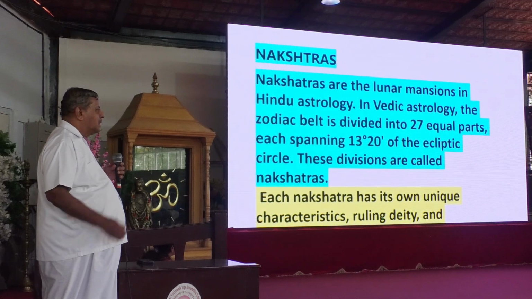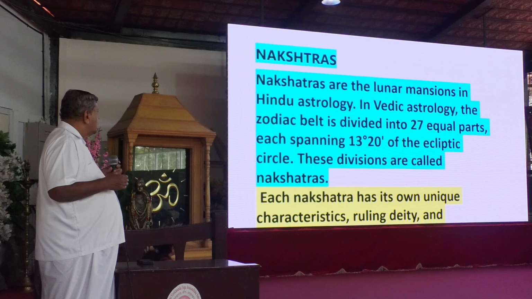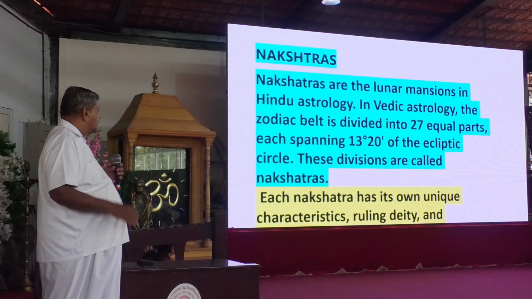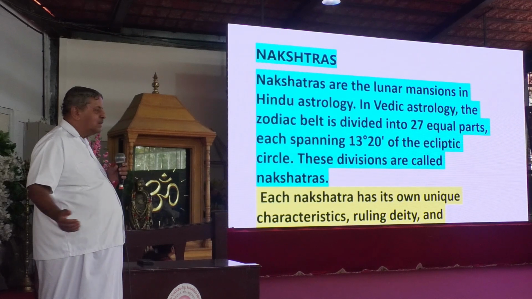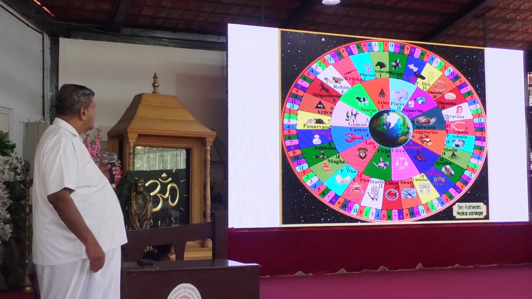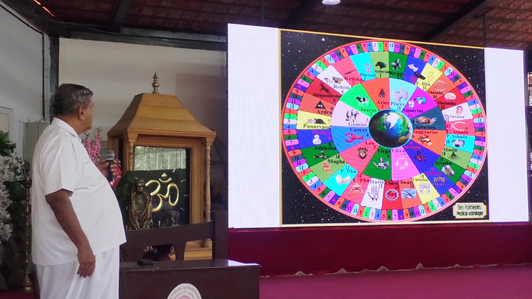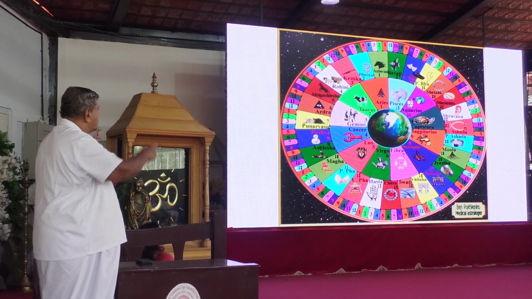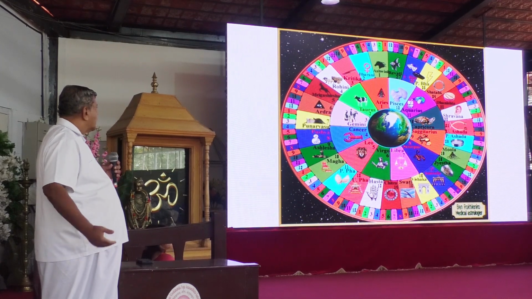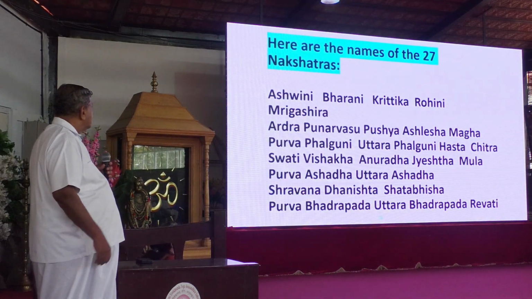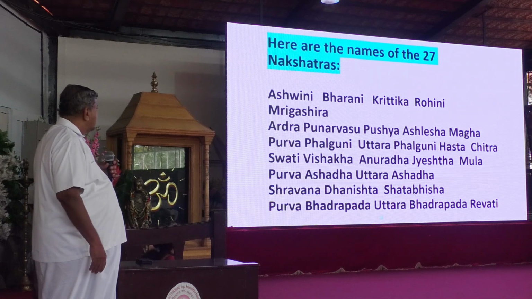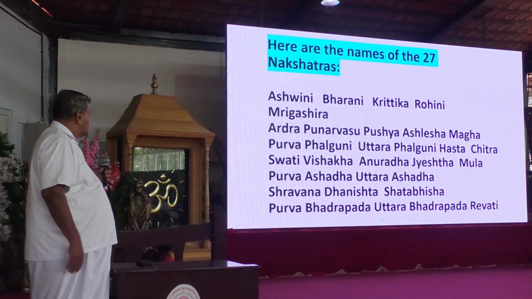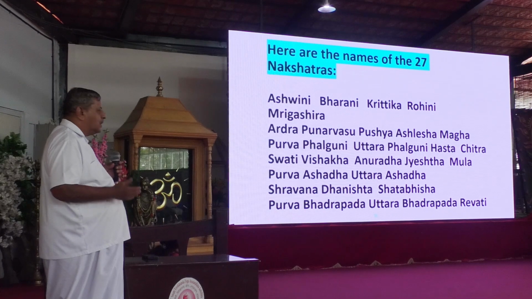Then comes the Nakshatras. Nakshatras are the lunar mansions in Hindu astrology. Each nakshatra has its own unique characteristics, ruling deity and other associated dimensions. It starts with Ashwini, Bharani, Kritika, and goes on, ending with Revati. These are the 27 nakshatras: Ashwini, Bharani, Kritika, Rohini, Mrigashira, Ardra, Punarvasu, Pushya, and so on, ending with Uttara Bhadrapada and then Revati.